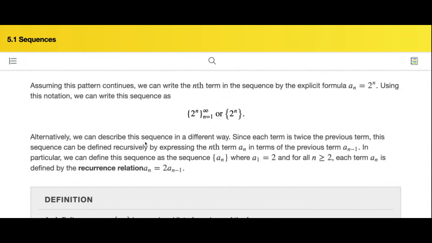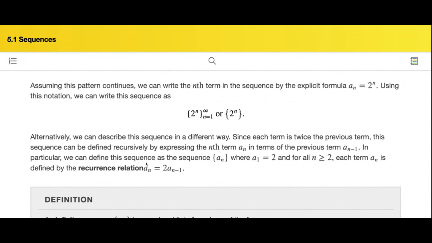We can describe this sequence in some other ways, since each term is twice the previous term. And we can also define the nth term a_n in terms of the previous term, a_(n-1). So we use the previous one to determine the following one.